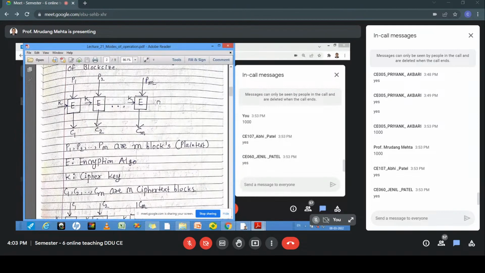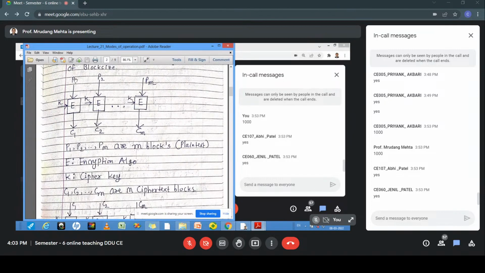You can have a hardware implementation of this, where these blocks are created fixed. We create blocks of plain text. Suppose the plain text is 64-bit, then we create one block of 64-bit and correspondingly generate C1.